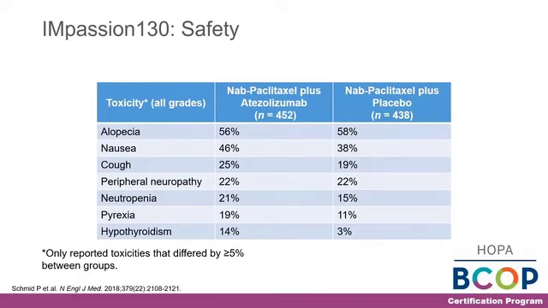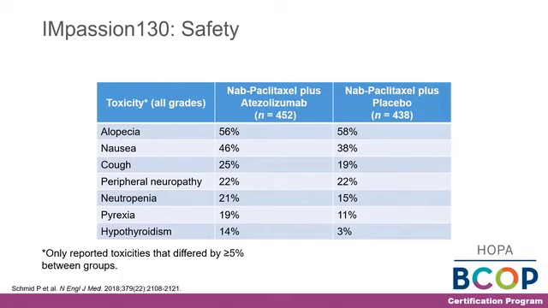Toxicity was only reported for those that differ by greater than or equal to 5% between the two groups, and I do want to point that out here. But since we know that many of the side effects from immunotherapy don't necessarily cross over with the toxicities of nab-paclitaxel, we can see that some of these are similar.